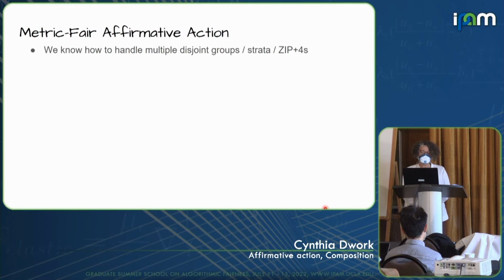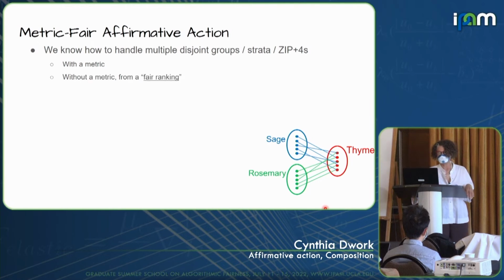So, getting back, summarizing this portion, we know how to handle multiple disjoint groups via the metric fairness work. Without a metric, we could do it from a fair ranking.